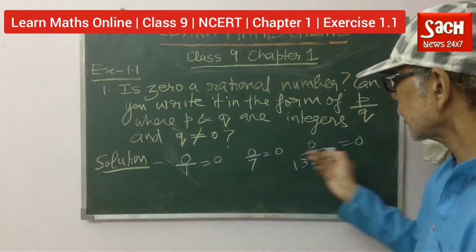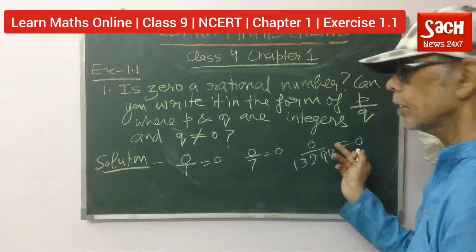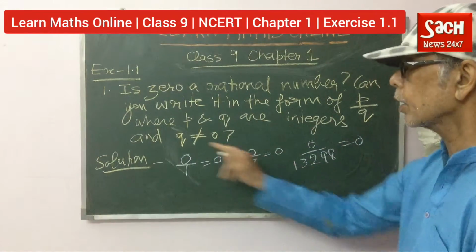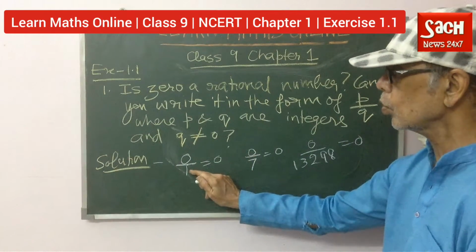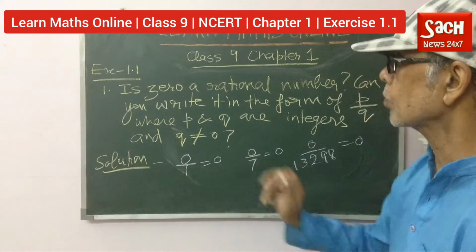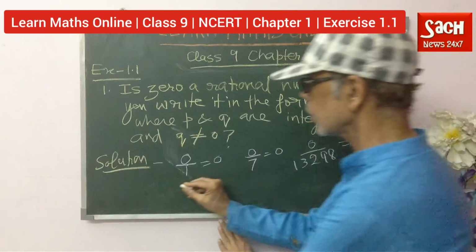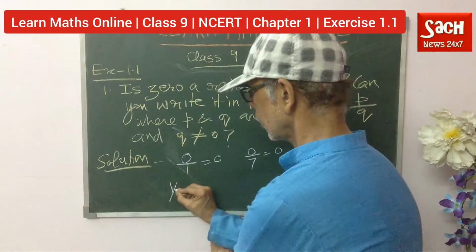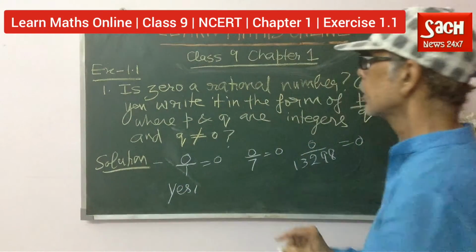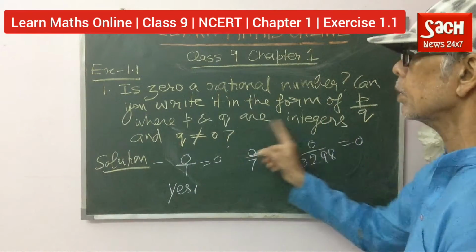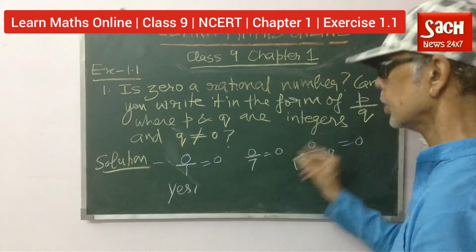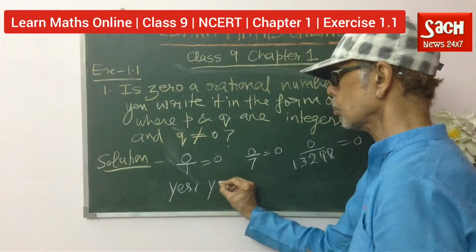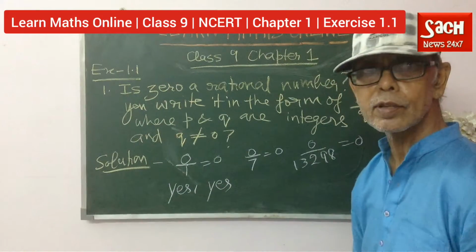So whatever number you divide by, it is 0. And this Q is not equal to 0. So is 0 a rational number? Yes, 0 is a rational number. Can you write it in the form of P by Q? Yes. So the answers to both these questions are yes.